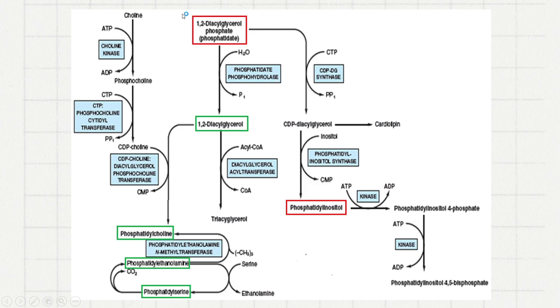And as you can see here, phosphatidate can, by a two-step reaction, lead to the formation of phosphatidylinositol, while phosphatidylserine, phosphatidylethanolamine, and phosphatidylcholine are formed from 1,2-diacylglycerol, which itself is formed from phosphatidate.